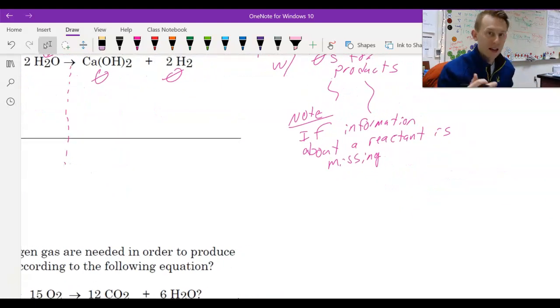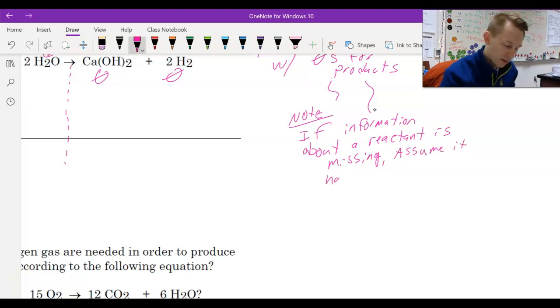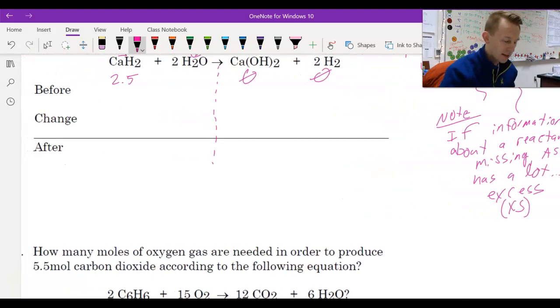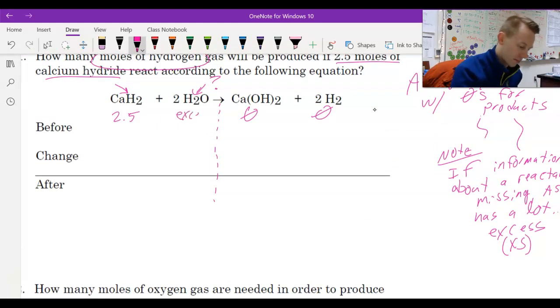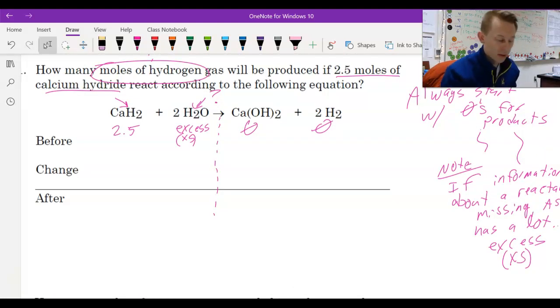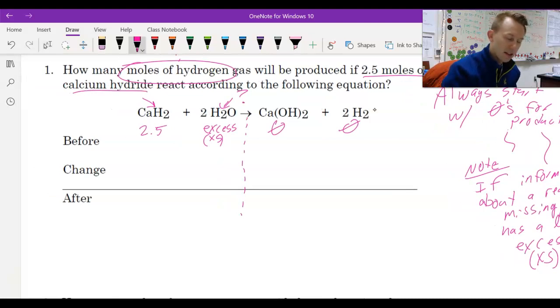So if information about a reactant is missing, assume it has a lot, aka is in excess, which we're going to shorthand to XS. I'm going to write XS for the water because we're not going to run out of it. The CaH2 is then going to be our limiting reactant.